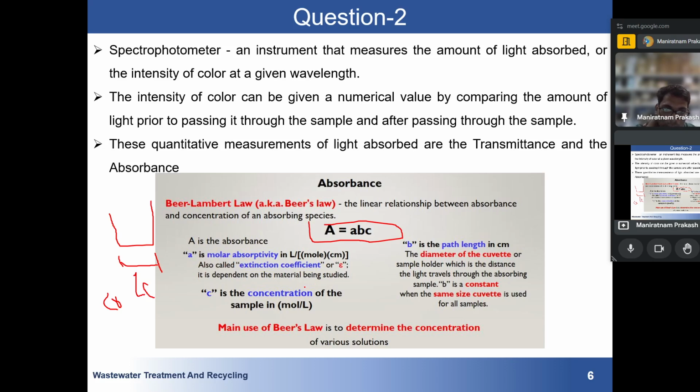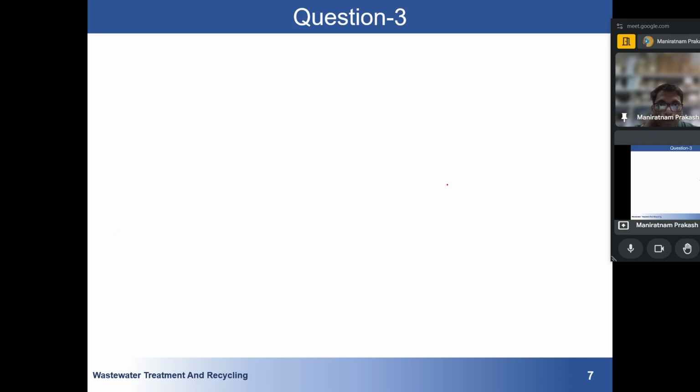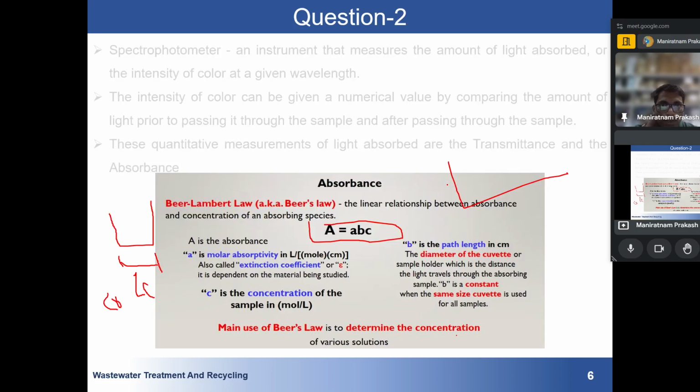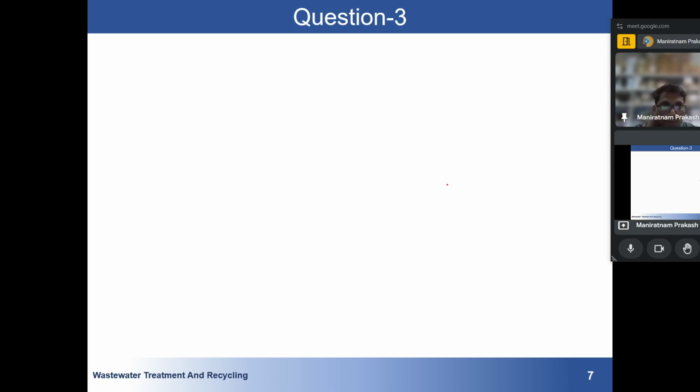Based on this we can find the absorbance, and again we will plot the calibration curve, and based on the calibration curve we will find the concentration of the unknown sample.